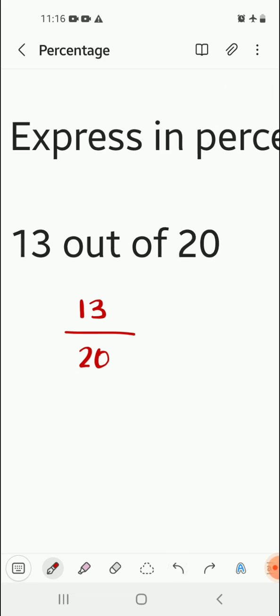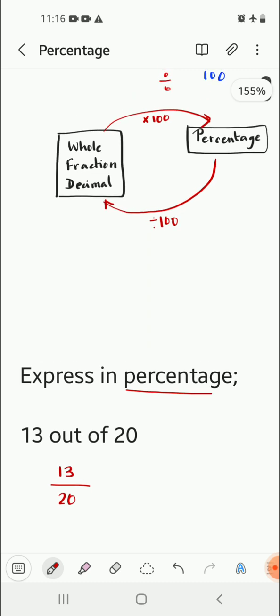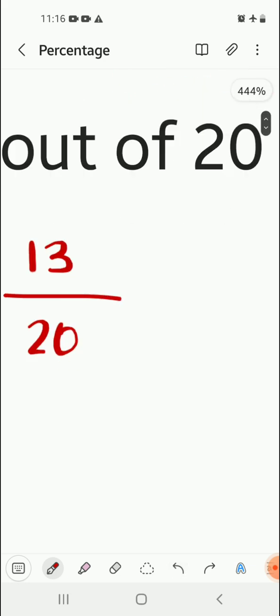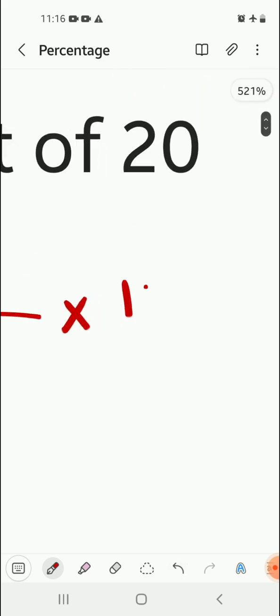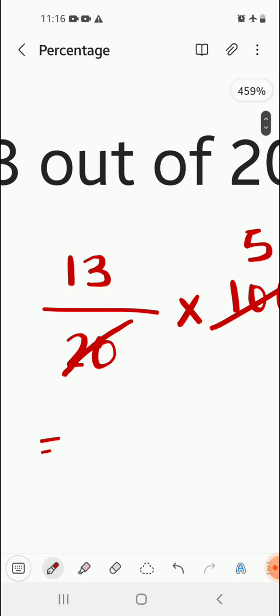Now we are asked to convert it into percentage, and the rule for converting a fraction into percentage is to multiply it by 100. That is why we simply multiply the given number by 100. So see, 20 into 5 is 100, and finally nothing is left here, so 13 into 5 is 65.